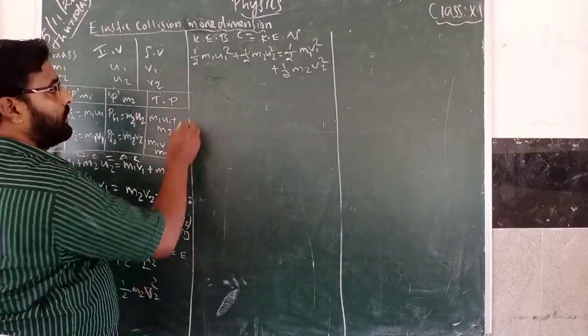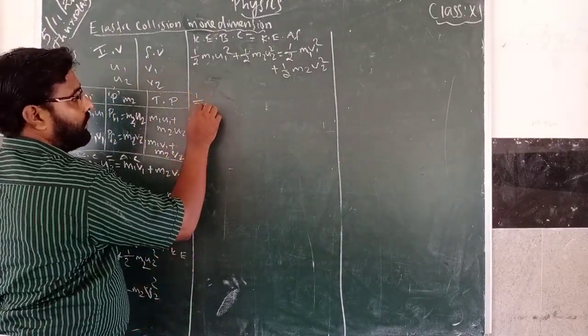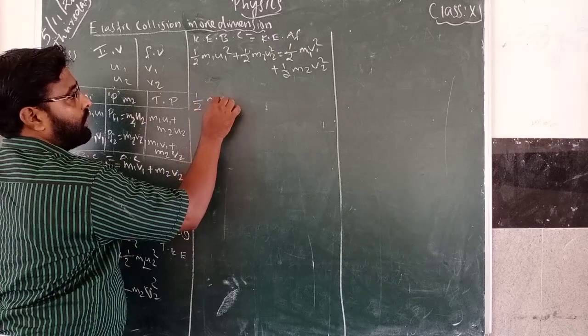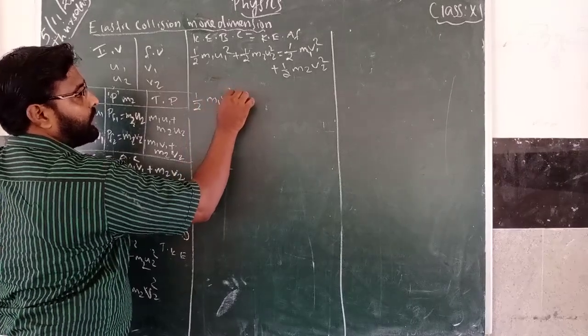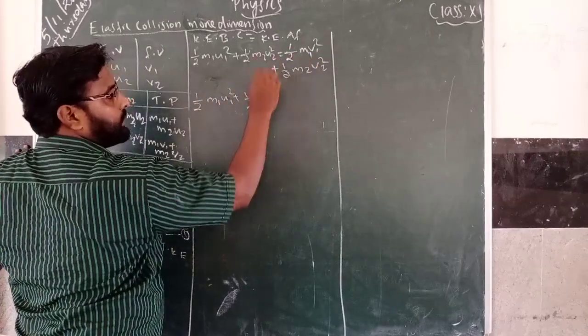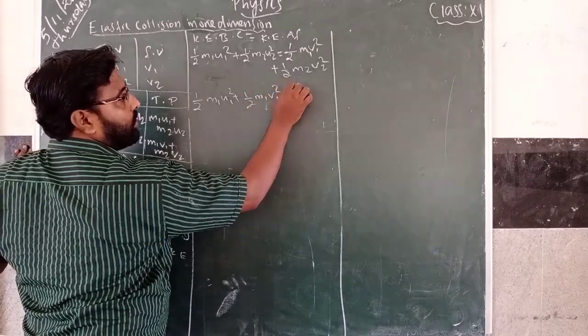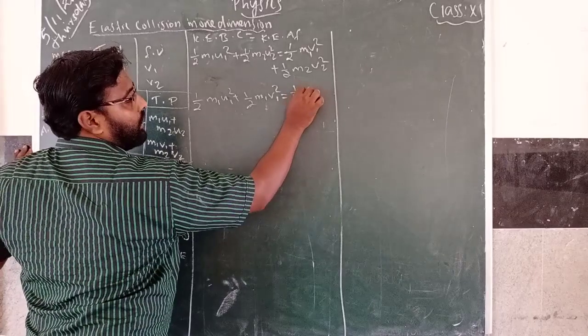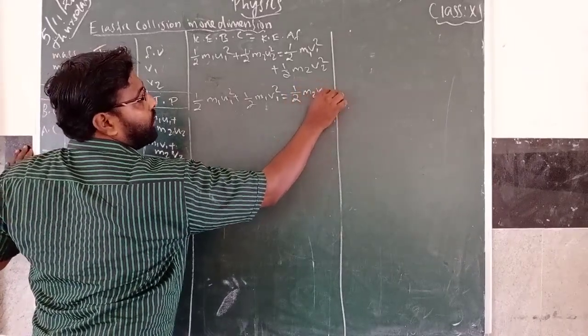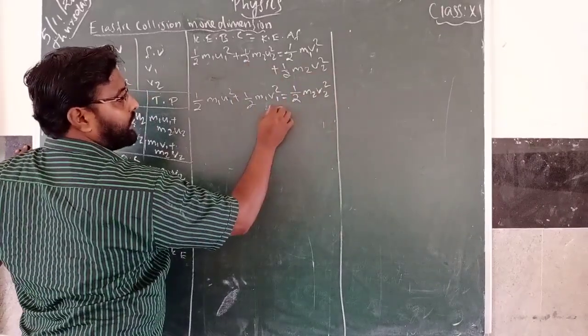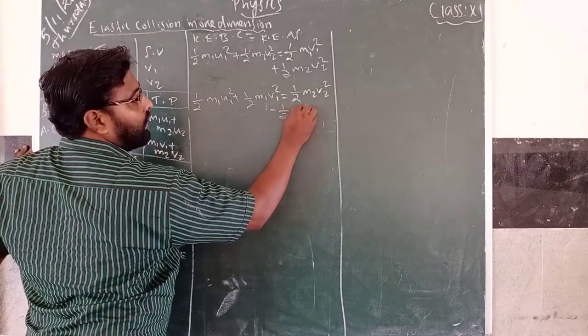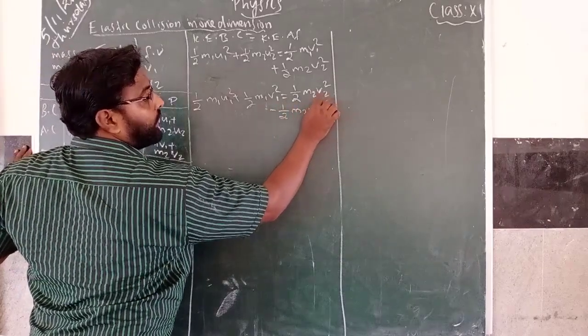Rearrange and write down: half m1 u1 square minus half m1 v1 square is equal to half m2 v2 square minus half m2 u2 square.